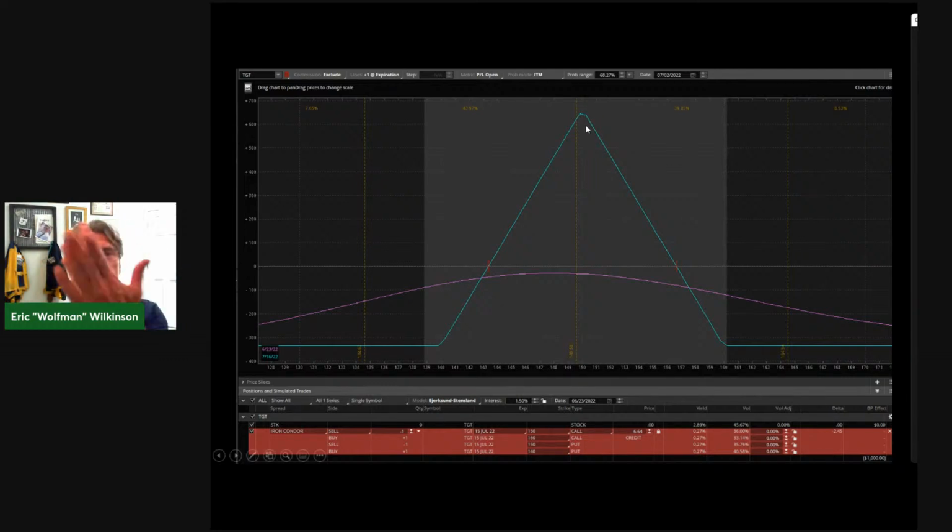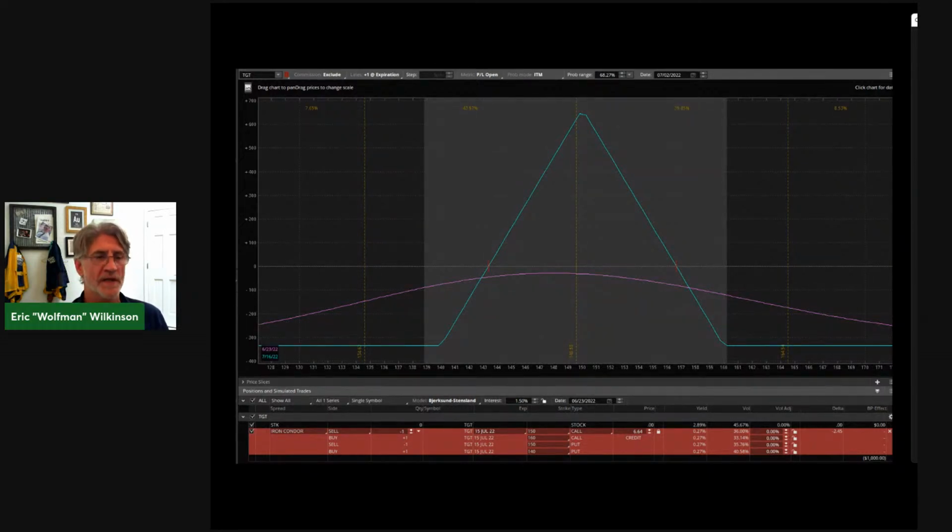High end, we stay right there. We finish at 150. Then I get the most bang for my buck. I'd collect all $6.64 if it settled right there at 150. But I'm never, ever going to wait to get out of this for basically zero.